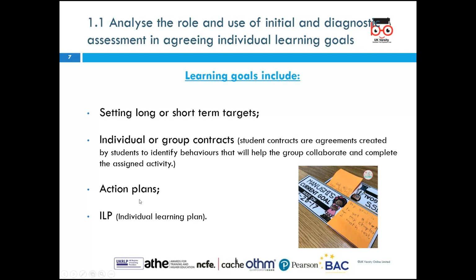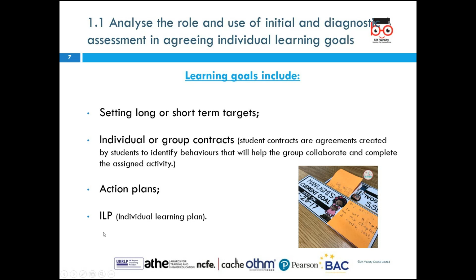Now you would have action plans. The difference between an action plan and an individual learning plan is that action plans are normally whole class based, where you're putting down, using the national curriculum standards, that we're going to be learning about fractions and decimal points for this term, and then putting down how you're going to break those up.